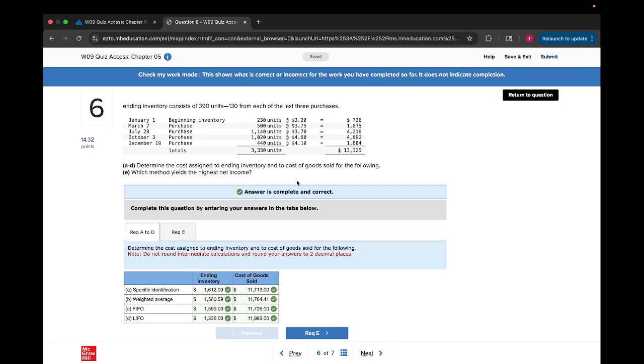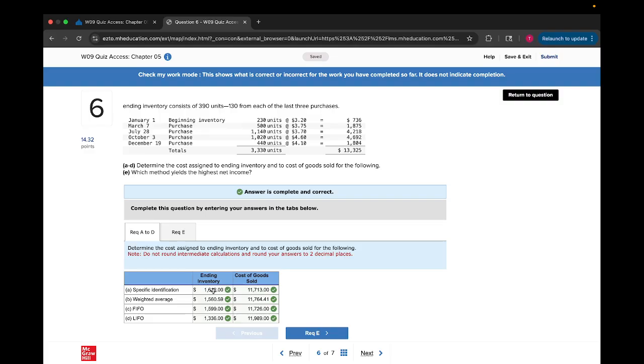So we take 481, 598, and 533, add those all together, and that will give us 1,612. You take that, get the total cost again, minus that, and that will give us our 11,713. So pretty straightforward, not too complex at all.